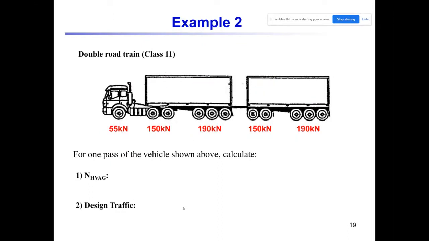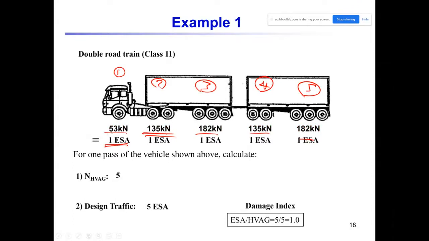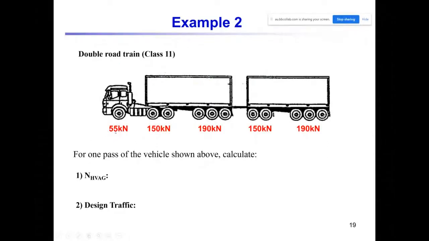Now let me show you another example, example 2. Again, the number of axle groups per heavy vehicle is the same, 5, since it is the same vehicle. But this time, look at the loads. The loads are not equivalent to the standard load. Last time it was 53, or for this one, it was 135, but the load has now changed to 55 and 150.